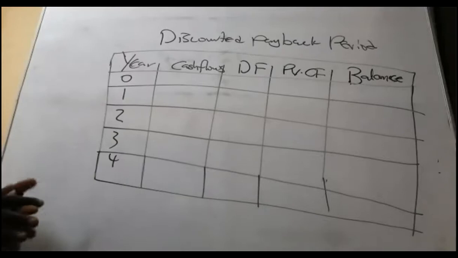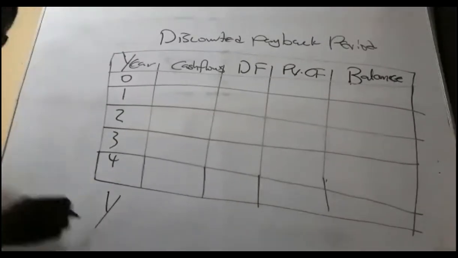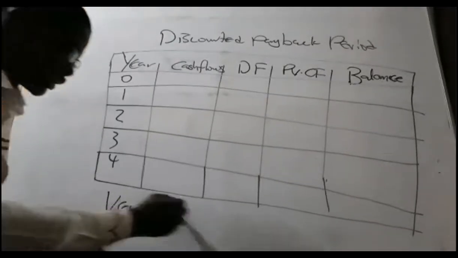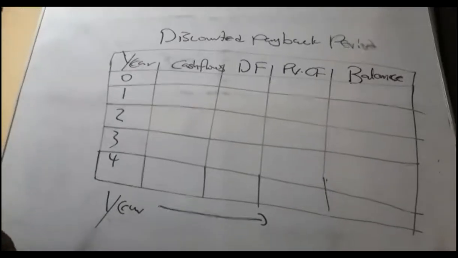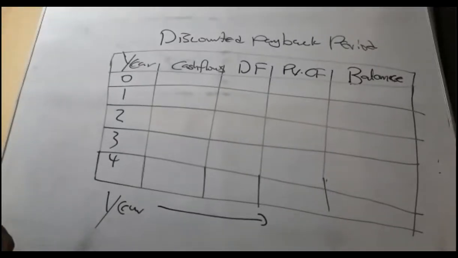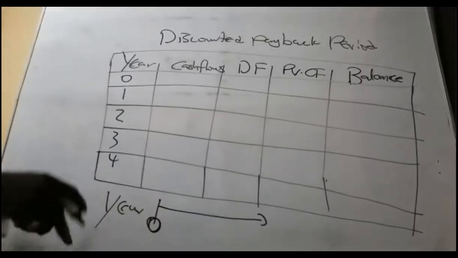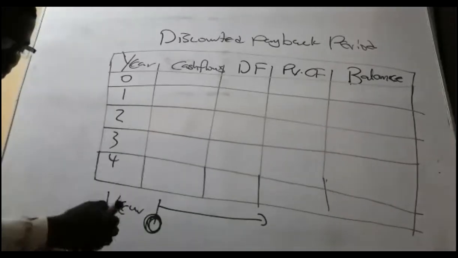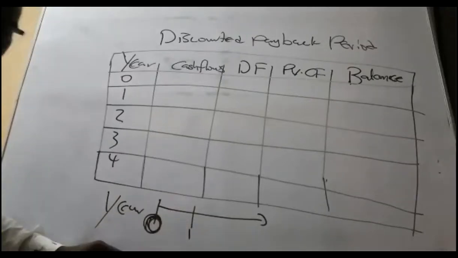So the year zero. In fact, year zero, what goes there? Let's explain year zero. Assuming that you want to enter into a project. So now you are making estimates to know whether this project will yield good. So year zero becomes now today. So today, what are you going to do? I have to make the investment today and wait exactly 1 year later, what will be the yield?